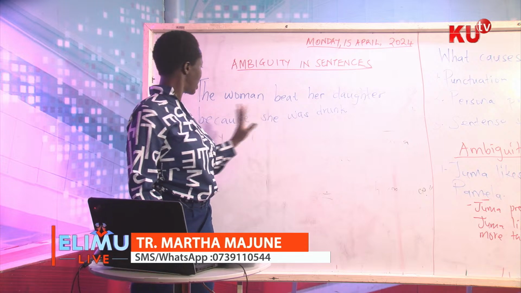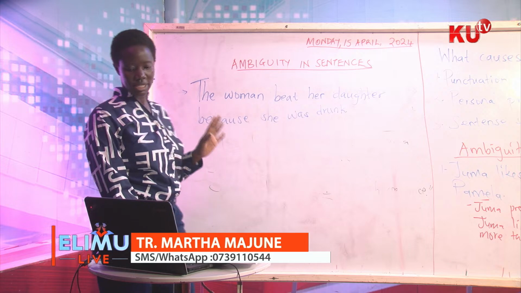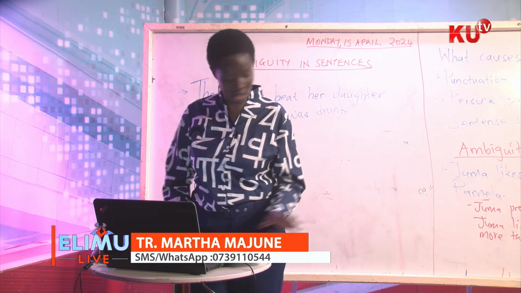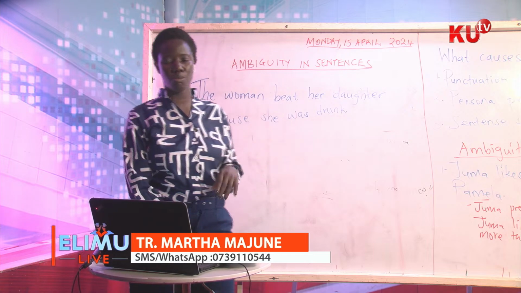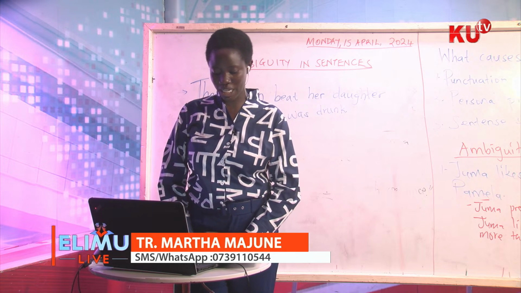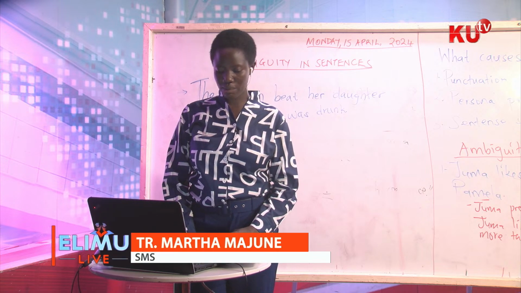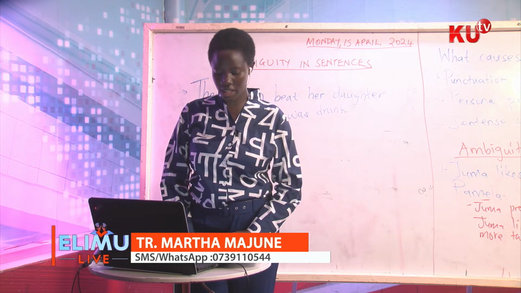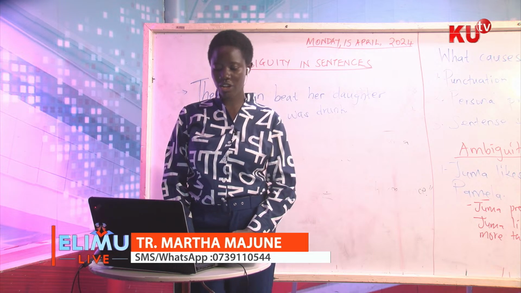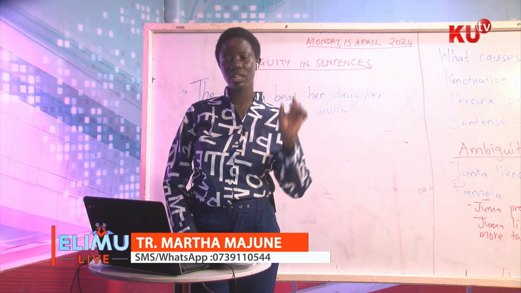So the woman beat her daughter because she was drunk. This is an ambiguous sentence, and so you have to give the two possible meanings of the sentence. So what is the first meaning? The first meaning is that the drunk woman beat her daughter. Drunk here is giving us more information about the woman.